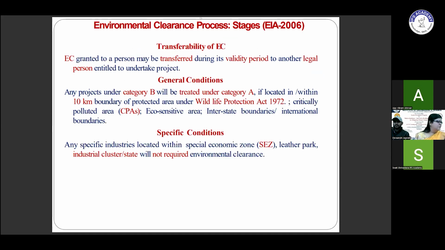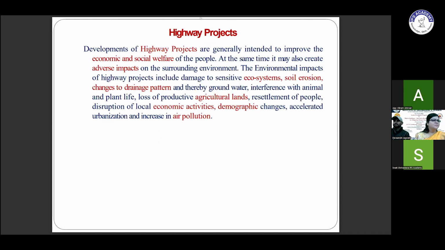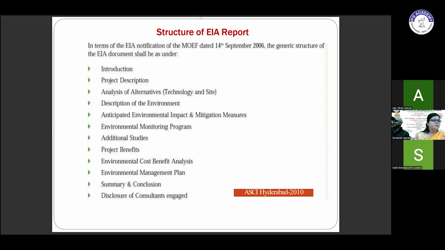The example of highway projects: development highway projects are generally intended to improve the economic and social welfare of the people. Okay, the structure of the EIA report. Next, ma'am. Structure of the EIA report is common for all.